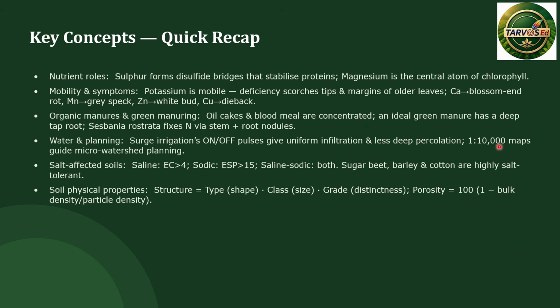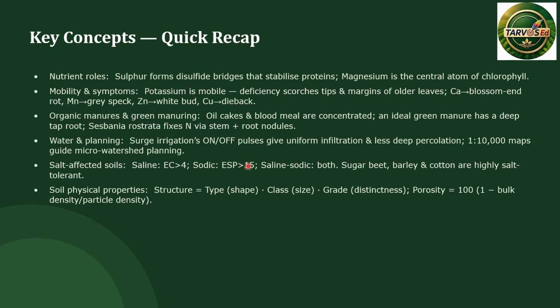That is, when the denominator is less, it is a very detailed mapping, so it is called large scale mapping, which is used in micro level planning. When the denominator increases to 50,000, 1 lakh or 2.5 lakh, the scale will be decreasing and it will be used for higher level planning, like state level, region level, national level planning.